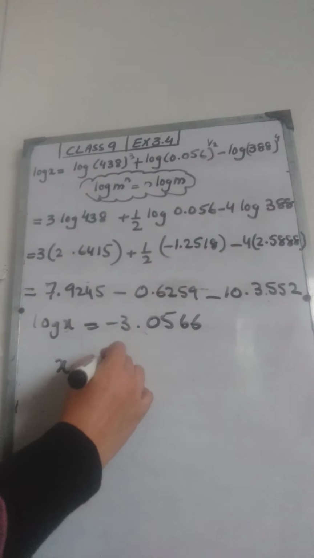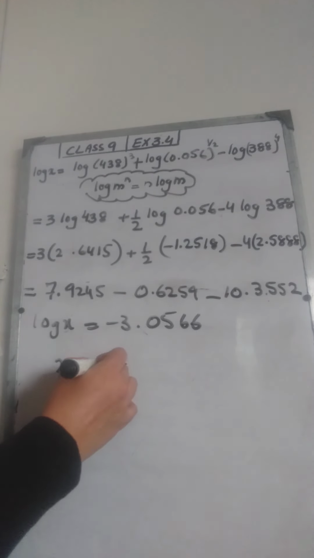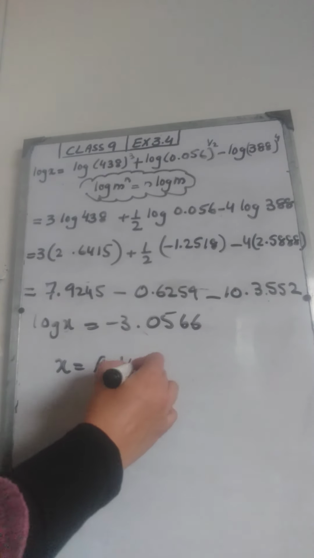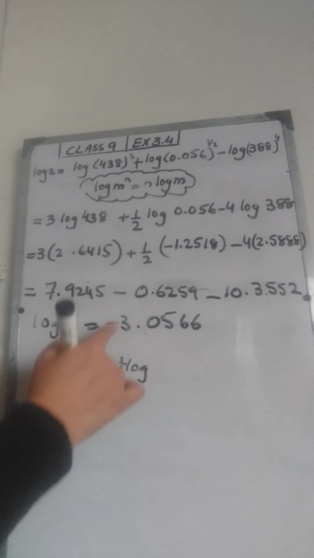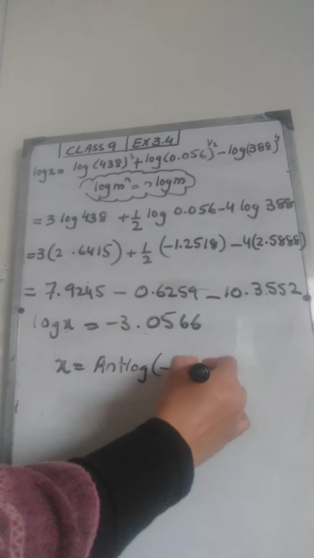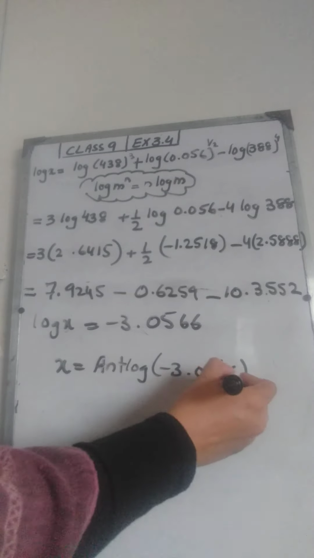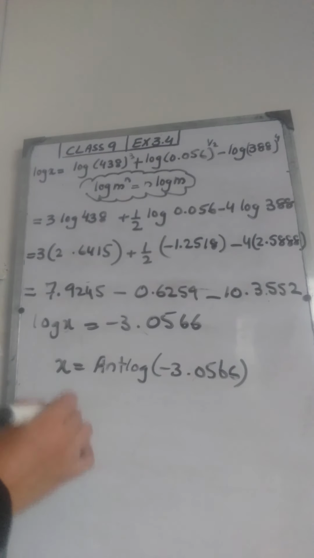Now again, to find x, we need to find the antilog of both the sides. Taking antilog on both the sides as we did before, it will cancel out this log, and over here we are going to take the antilog of this number by using the calculator.